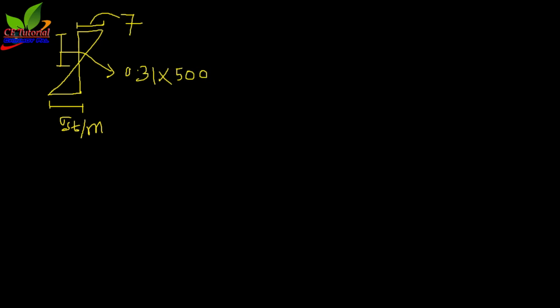In this stress diagram, this value is 7, and this value is, you have to find out, sigma st by m, and this is 0.31 multiplied by 500, that means KT, and effective depth is 500.